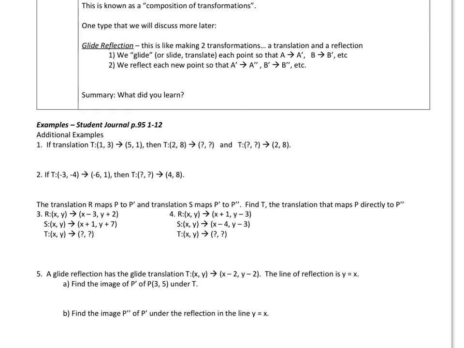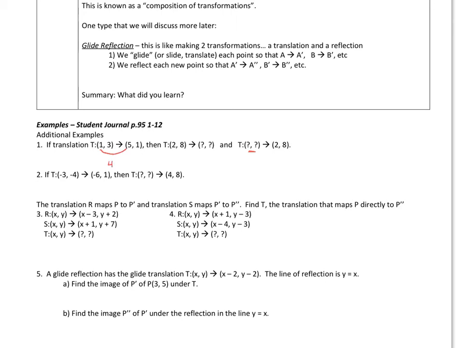On the first one, it says if translation T such that (1, 3) maps to (5, 1), then T such that what maps to (2, 8)? Well, remember, in a translation I move in the x, I move in the y. I moved from 1 to 5, so the translation was 4.